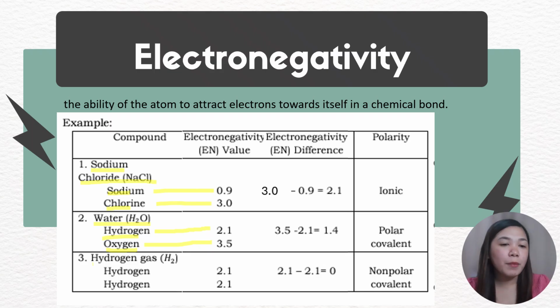Next example is hydrogen gas, composed of H2, wherein there are two hydrogens. The EN value of one hydrogen is 2.1 and the other is the same, 2.1. So the EN difference, 2.1 minus 2.1, is equal to 0. So the polarity level of our compound is non-polar covalent.